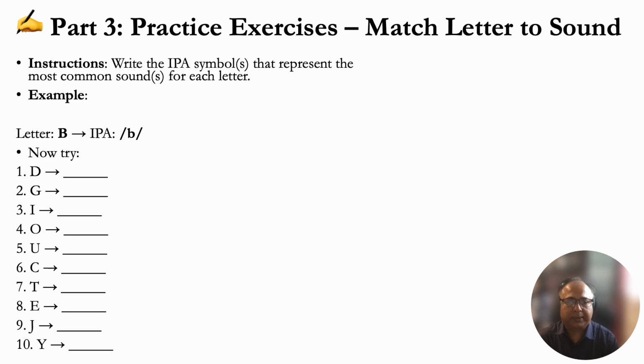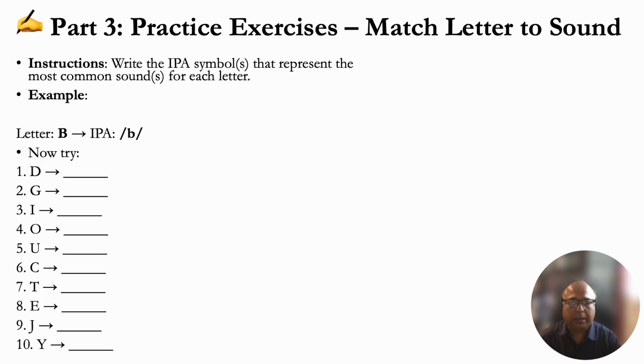Now, let's practice. I've given you some letters and I'm asking you to write the IPA symbol next to it. To do this exercise, you may want to rewind the lesson, go back a little bit and study the IPA again for each of the letters. Okay, so I will wait for you to finish this exercise.